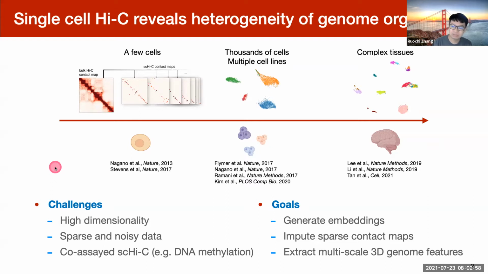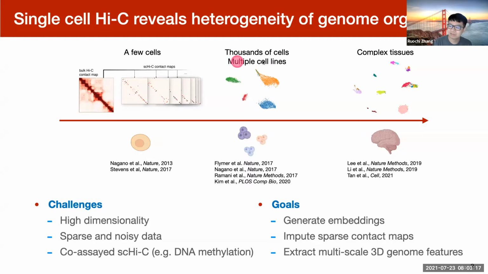To capture this variability, single-cell Hi-C technologies have been developed and improved through the past few years, and these technologies enabled delineation of 3D genome features in single cells, ranging from a few cells to thousands of cells.